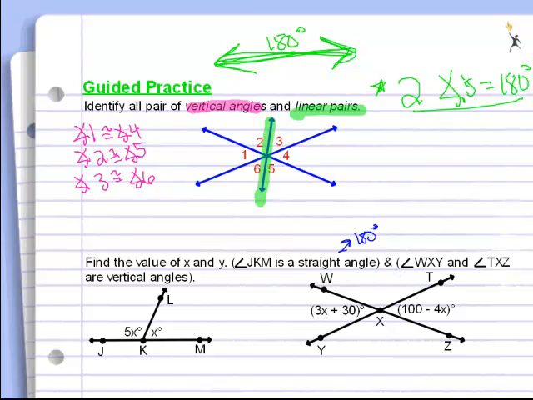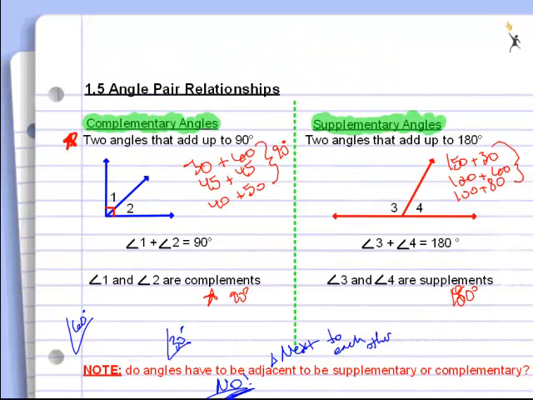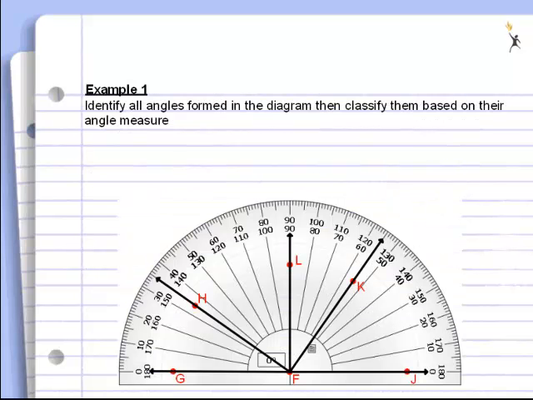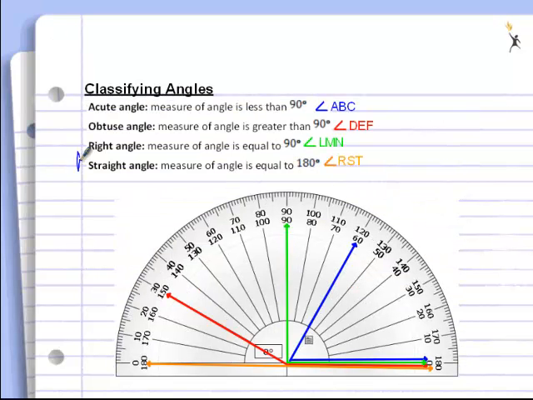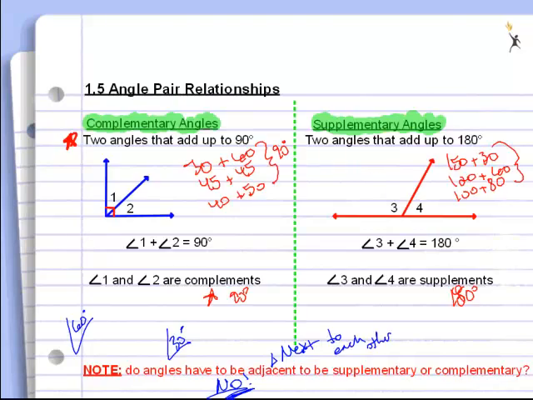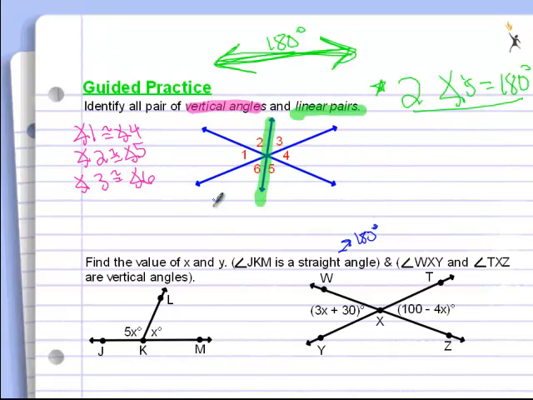We talked about the 4 different types of angles in the last section. Let's back up real quick. And here we have straight angle equal to 180. So let's fast forward again. Oop, too far. There we go.